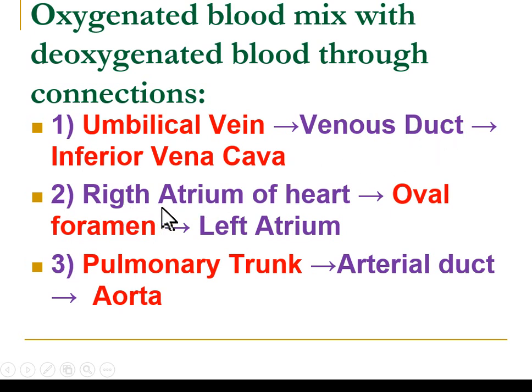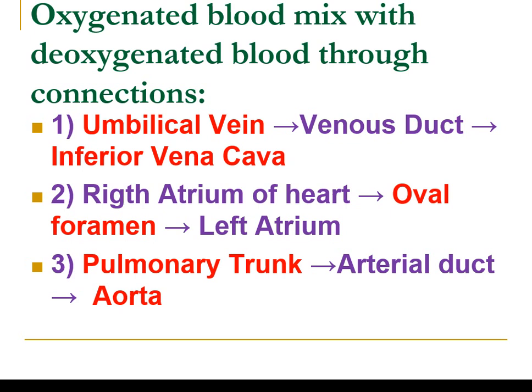Between the right atrium and the left atrium of the heart, the fetus has the oval foramen. Mixed blood from the inferior vena cava directs into the left atrium.